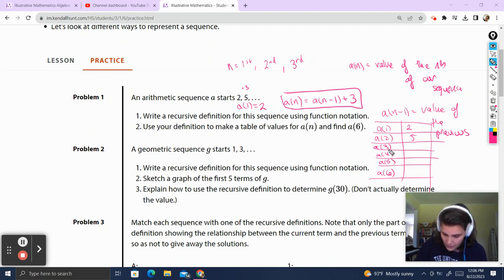So our third term is going to be the previous term, which is 5, plus 3. So that's going to be 8. Our fourth term is the previous term, which is 8, plus 3, which is 11. 11 plus 3 is 14. 14 plus 3 is 17. And there we go. A of 6 is equal to 17.